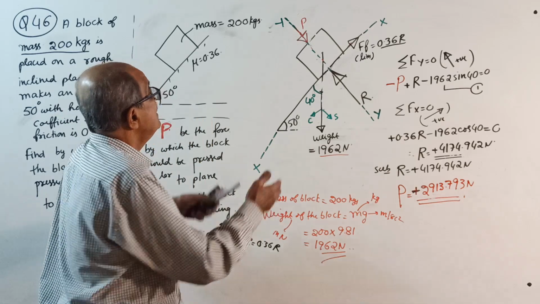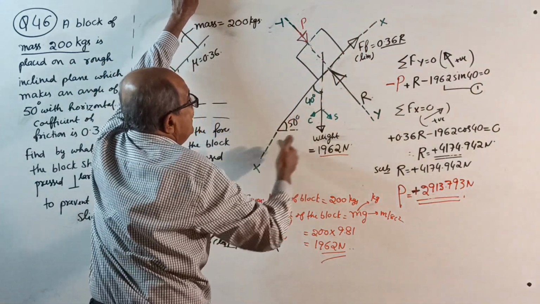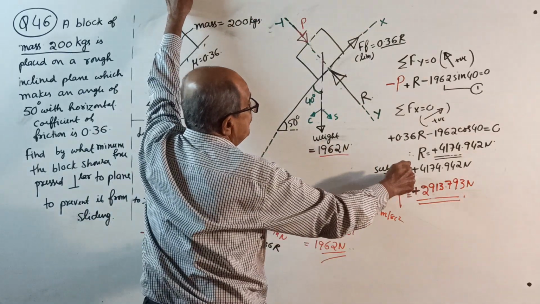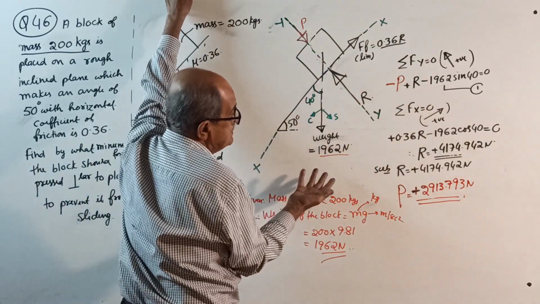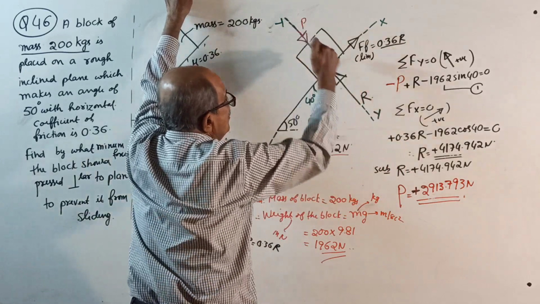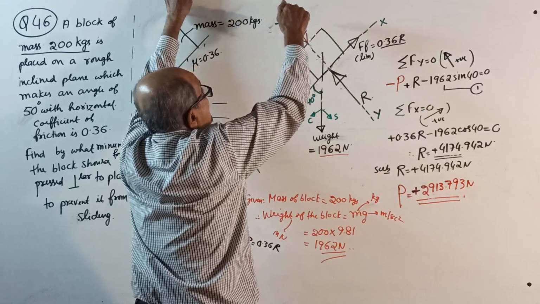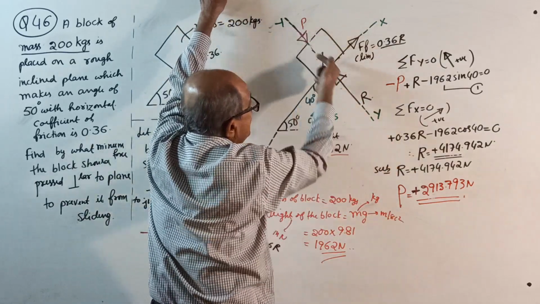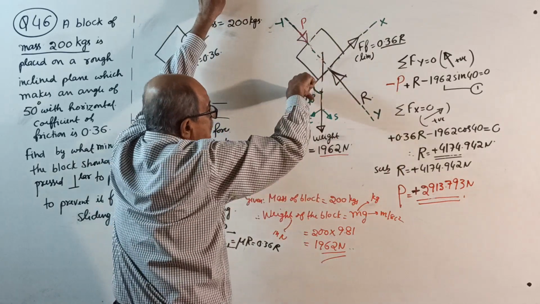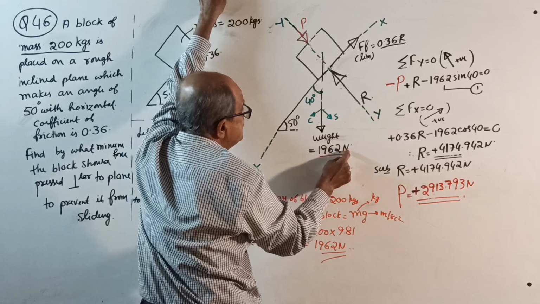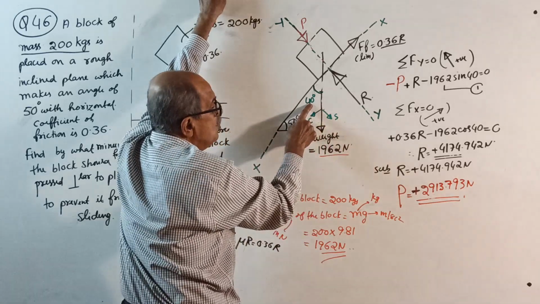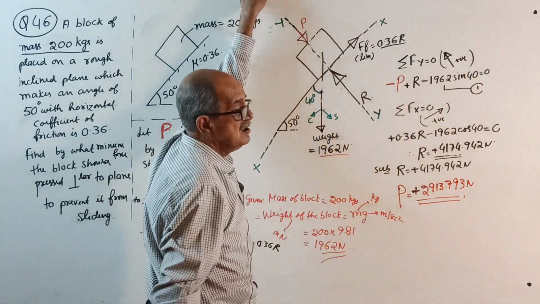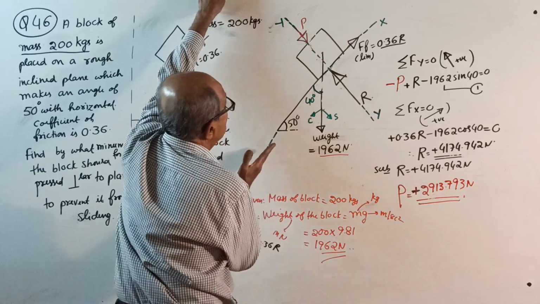Okay, now take X this way, Y this way. Start. Sigma Fy equal to 0, plus R minus P, or minus P plus R directly along Y, minus 1962 sine 40. How do you know 40? Equal to 0. You call it equation number 1. Then sigma Fx equal to 0.